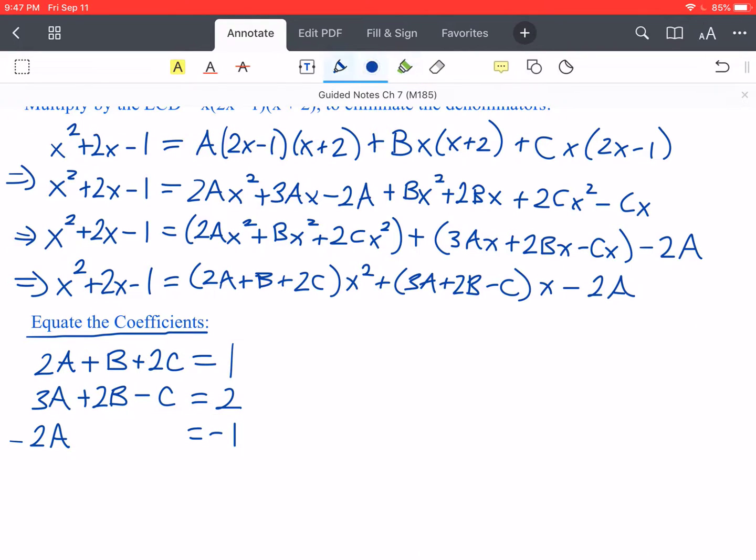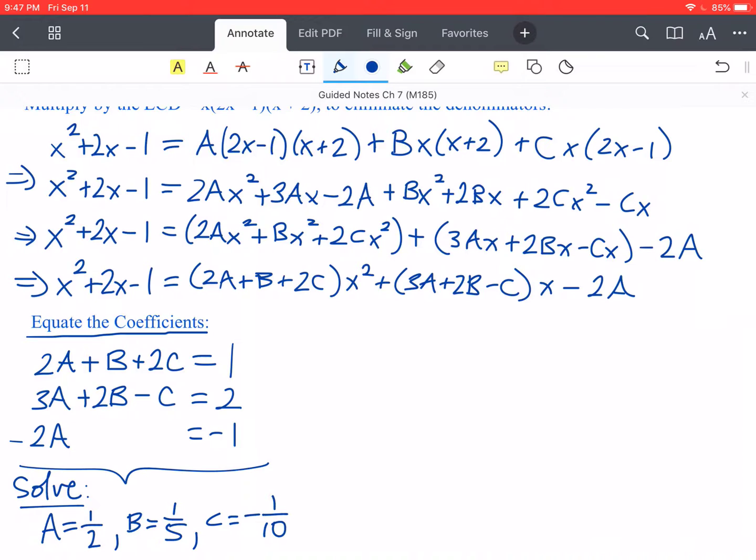If you do, you will get the following values. Solve the system of equations. You're going to get a is 1/2, b is 1/5, and c is -1/10.